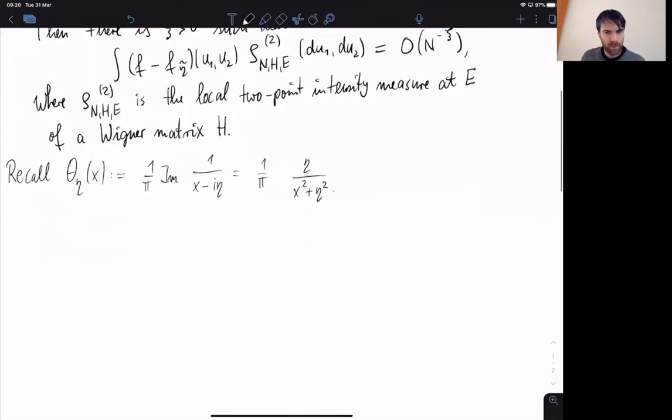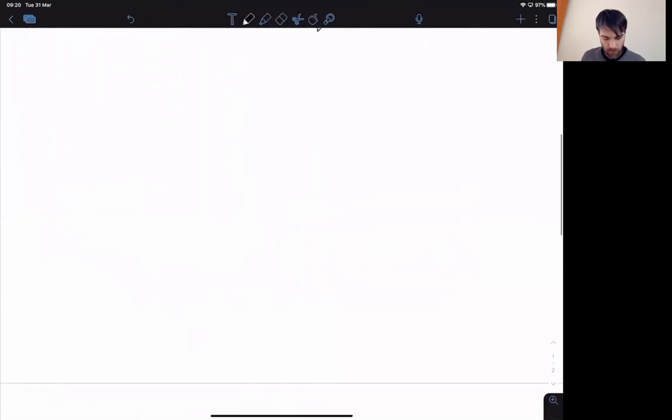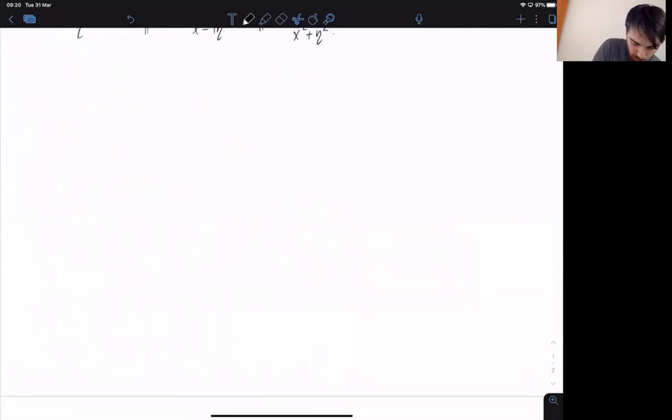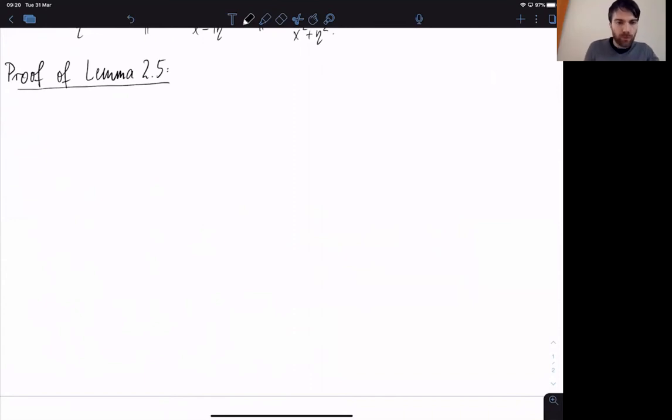Now what we will do next, of course, is go into the proof, and the first thing will be to actually use the definitions. So now this is the proof of lemma 2.5, and the first thing we want to do is use the definitions of rho and rewrite it back as an expectation of some function of the eigenvalues.